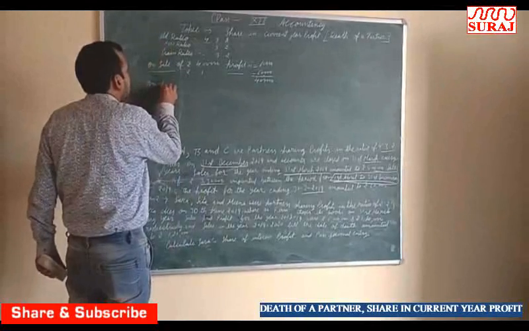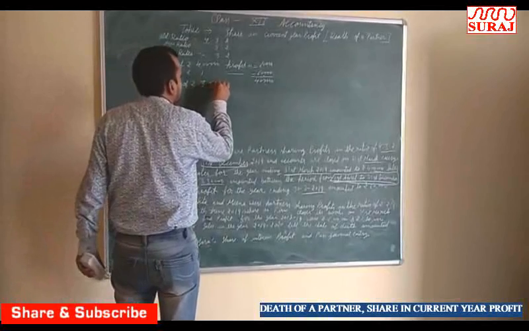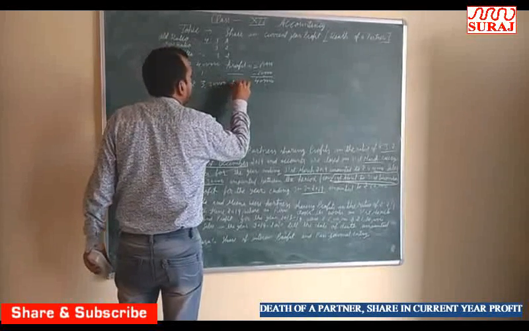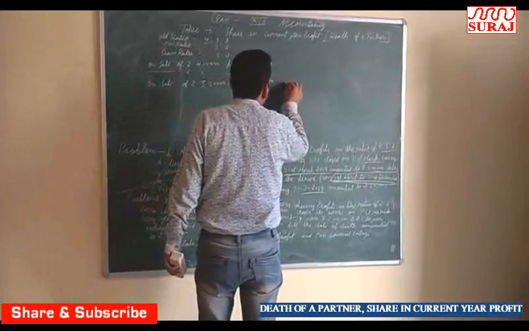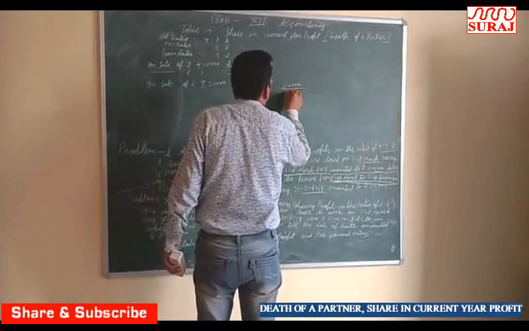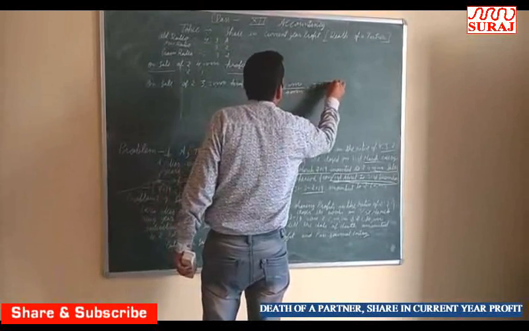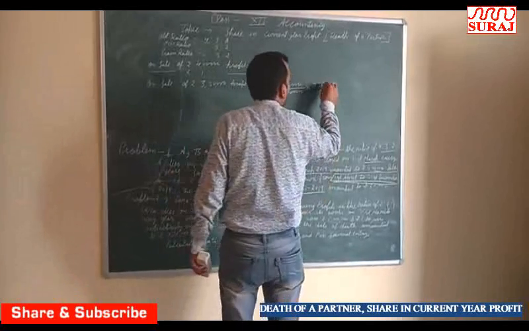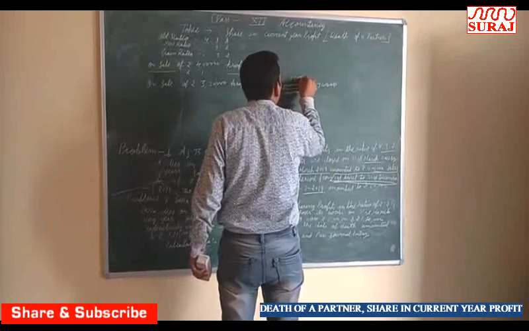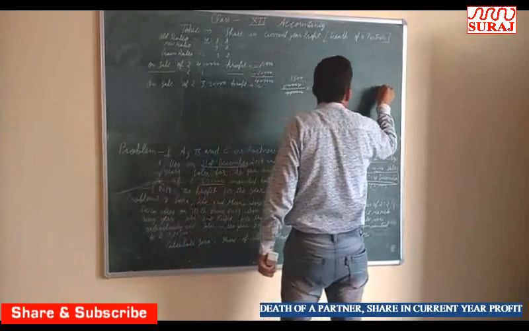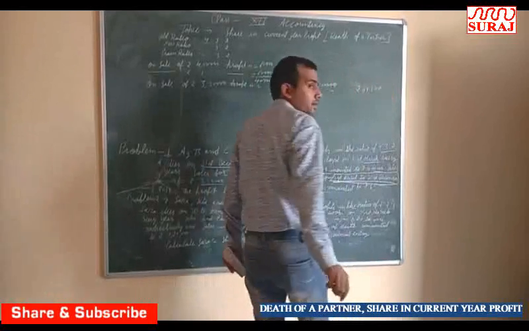On sale of ₹3,30,000, profit is 60,000 divided by 4 lakh into 3,30,000. Cancelling, it comes to 49,500.